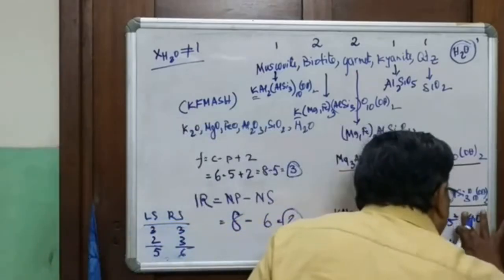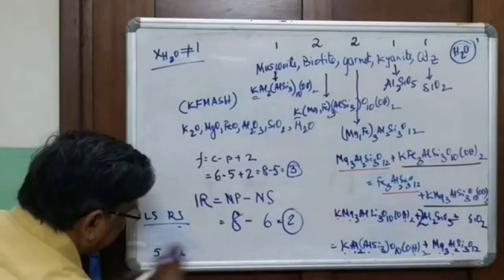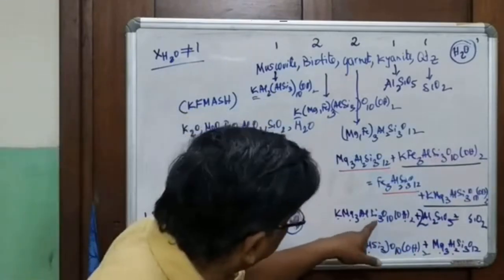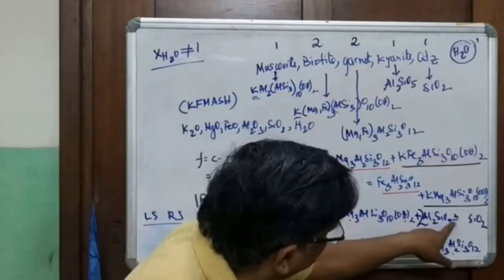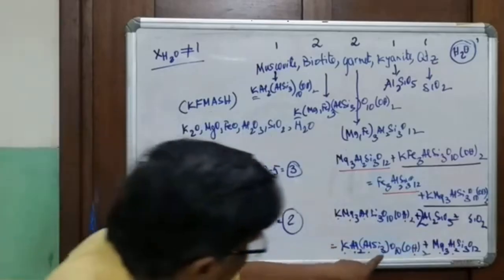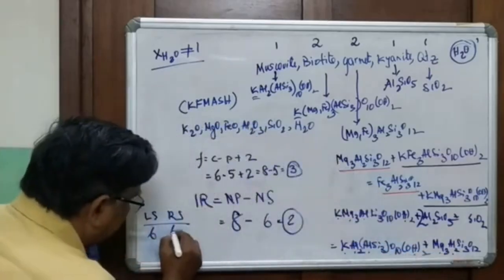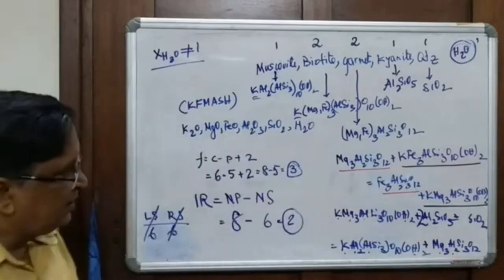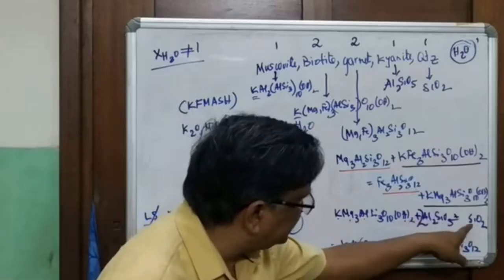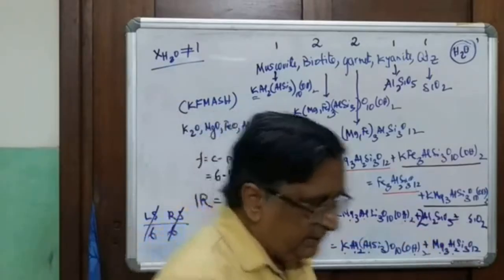So now let's check for silicon. 3 plus 2, 5, plus 1, 6 on the left hand side. On the right hand side, 3 plus 3, 6. Now it's okay. So now we have 6 silicon on the left hand side. This 2 has been brought in to balance aluminium.